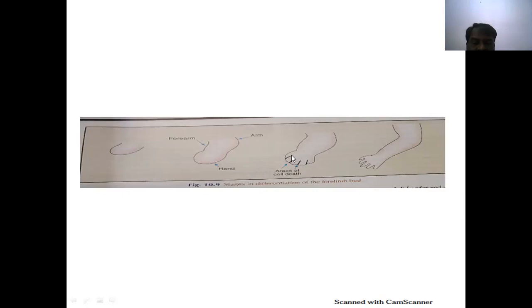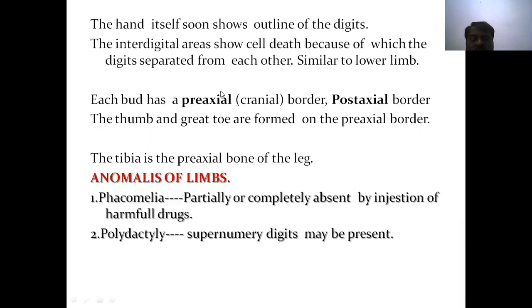Further, in the areas between the digits, the interdigital areas, the cells die and separate. And further, it will form the separate digits: thumb, index finger, middle finger, ring finger, and little finger. See, the hand itself soon shows the outline of the digits.